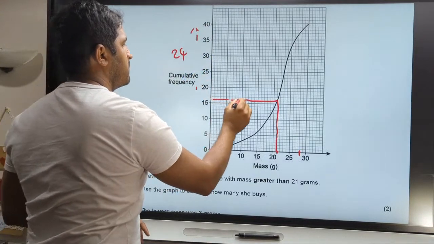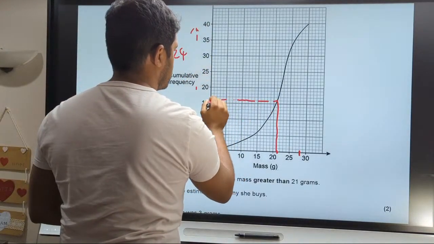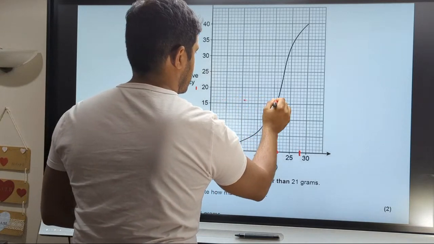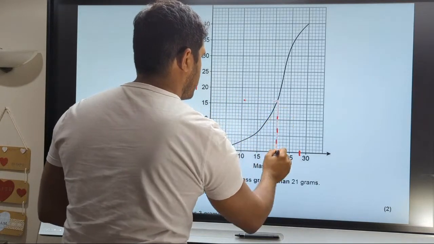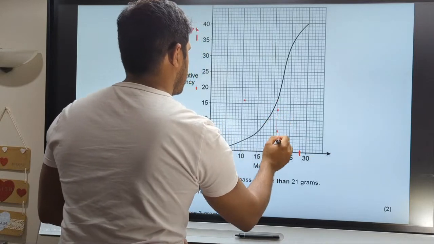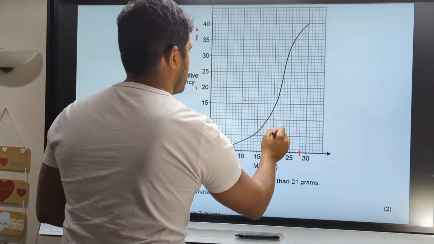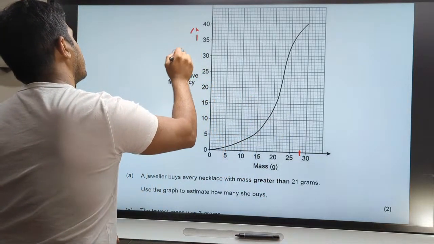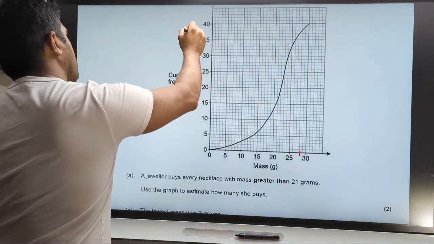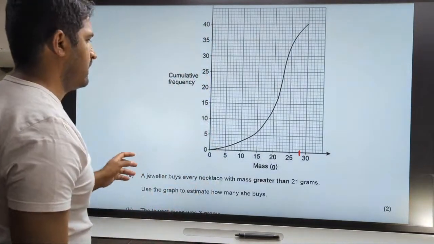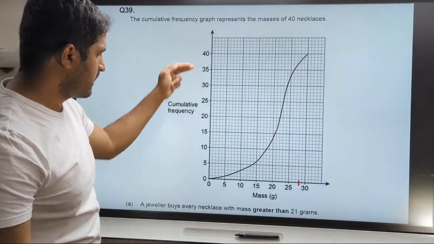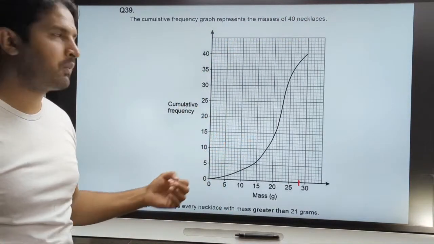So I'm going to get rid of this part right now. Then it's saying there are 40 necklaces in total. We know the mass of those 40 necklaces.